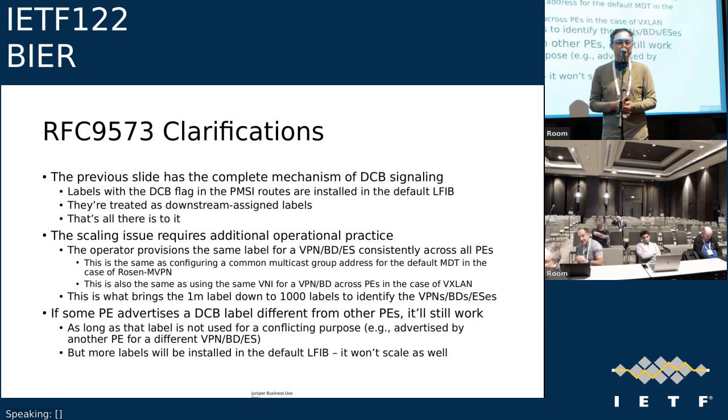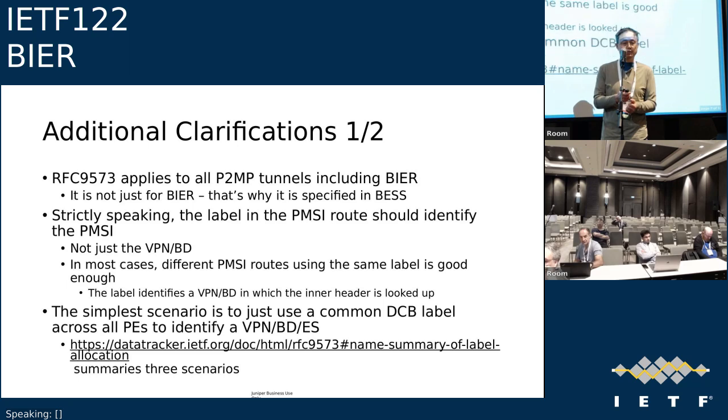I believe that we need to clarify that the label in the DCB label is indeed a downstream assigned label. Now, more clarifications for this RFC 9573. I think I can skip this one.